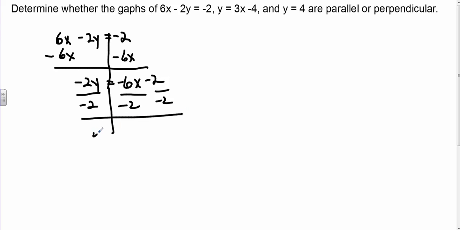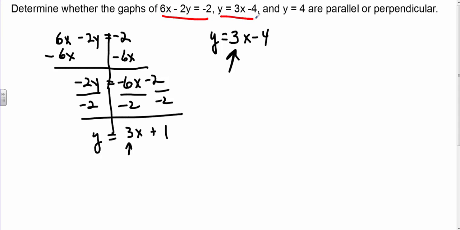And that gives you y equals 3x plus 1. But the important thing that we want to find out on this one is the slope is 3. Now the next one we've got is y equals 3x minus 4. The slope of this one is 3. So we do know that this one and this one are parallel to each other.